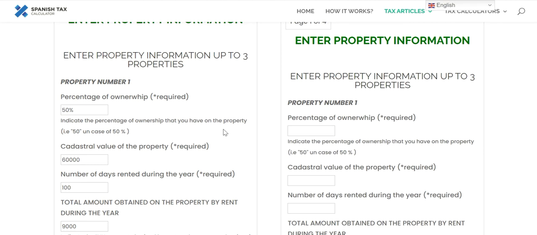But sometimes the garage is considered as a second property, as if it was another apartment, with an independent cadastral value, with an independent cadastral reference, with an independent number of the land registry office, that you can even sell separately from the apartment.